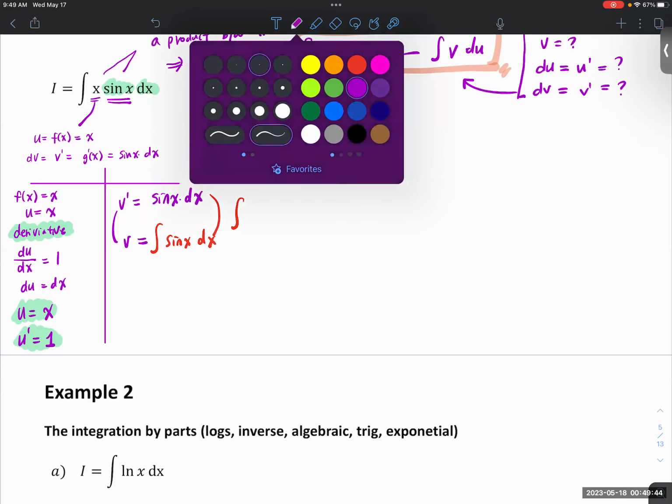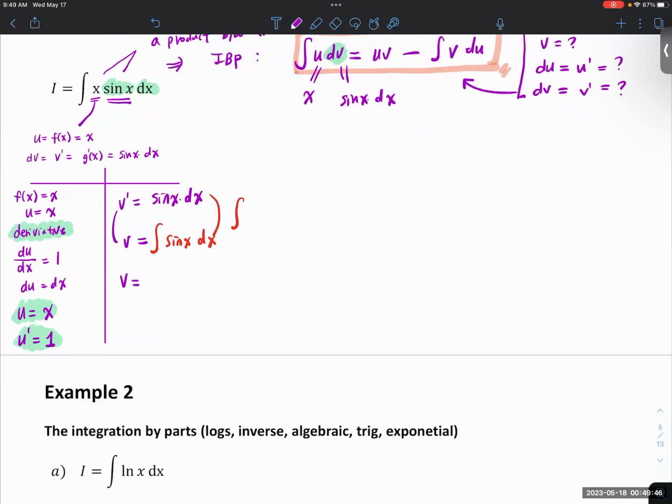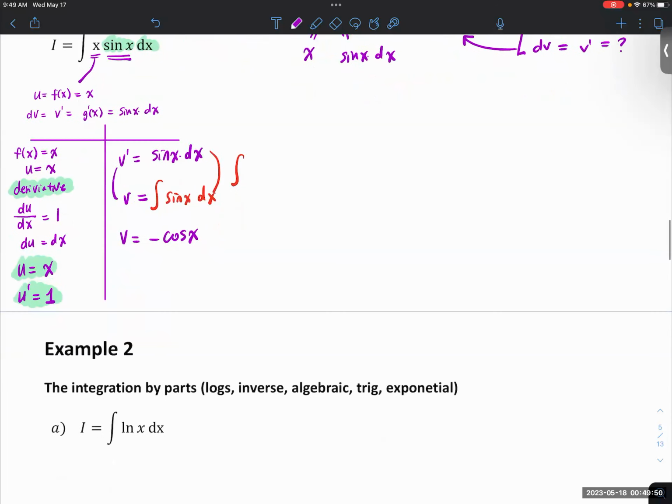Therefore, the integral of the sine function is going to be negative cosine x. So we got v equals negative cosine x. v prime was given as sine x. So you have all the information, v and v prime.